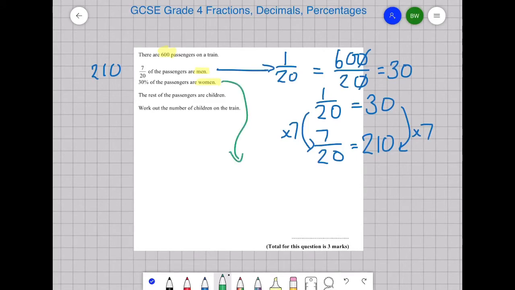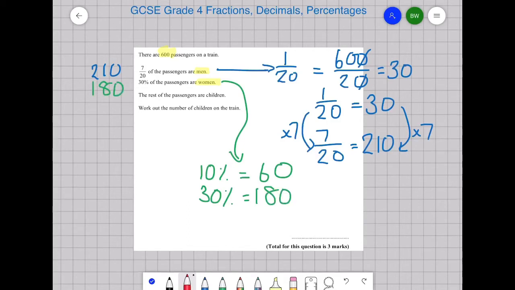30% are women. So 10%, I divide by 10. So 10% of 600 is 60, but I want 30%, so I times that by 3, 180. So there are 180 women. And the remainder are children. So if there's 600 in total, I'm going to take away the number of men and the number of women.